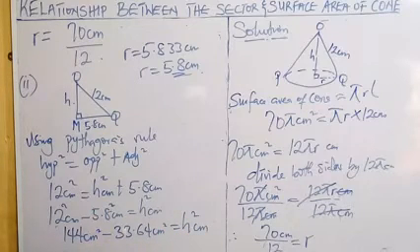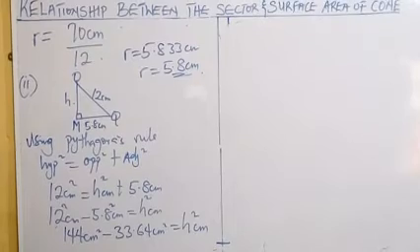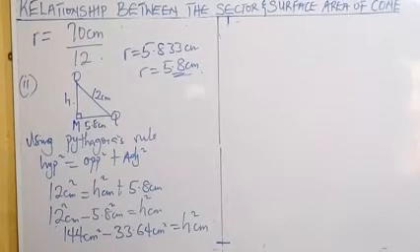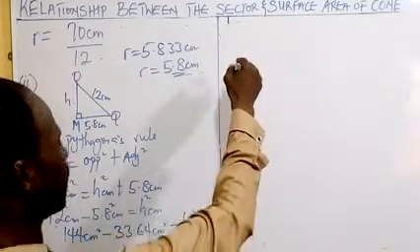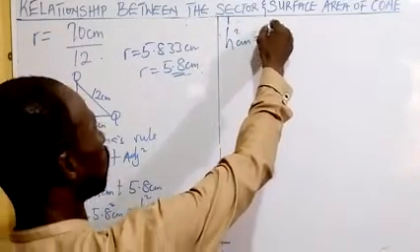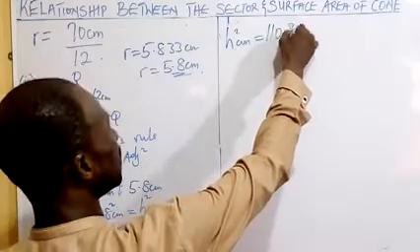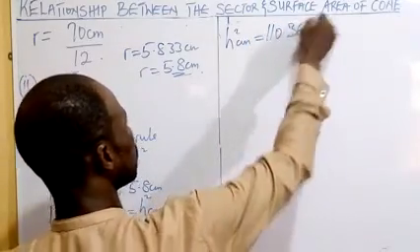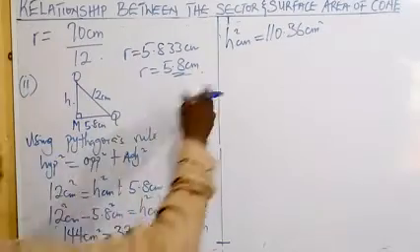So let's solve this. Subtracting 33.64 from 144 gives us what? So we have our h squared centimeter equals 110.36 centimeter squared. All right, we are looking for height.